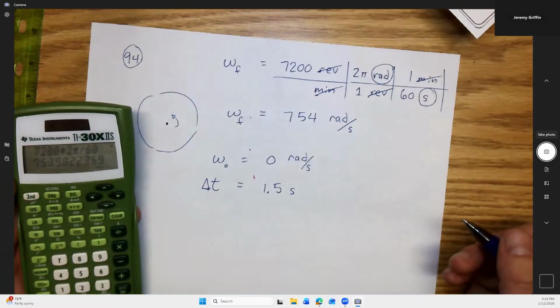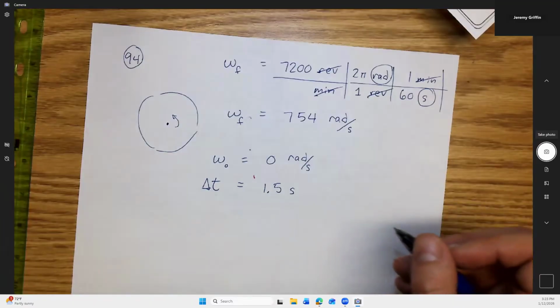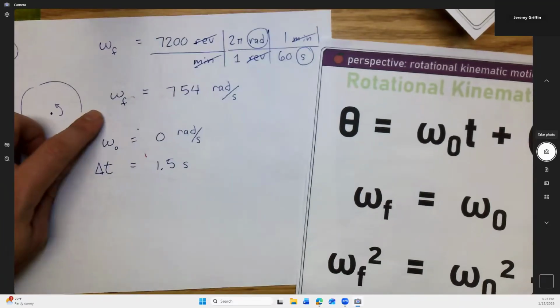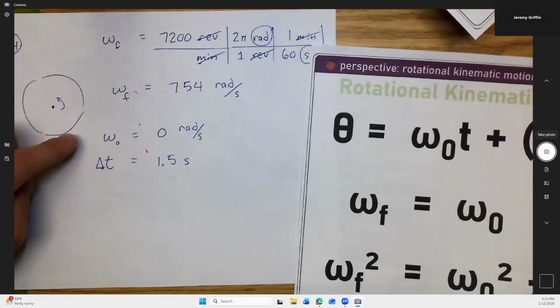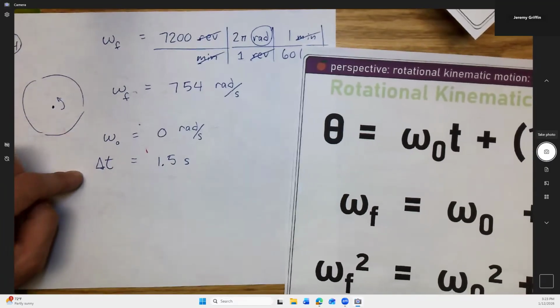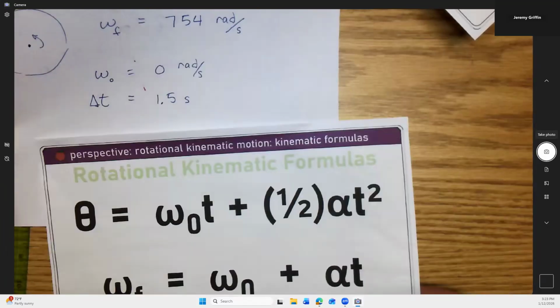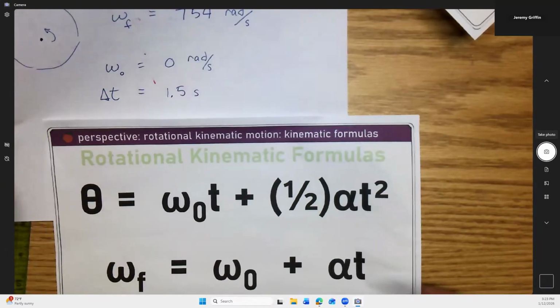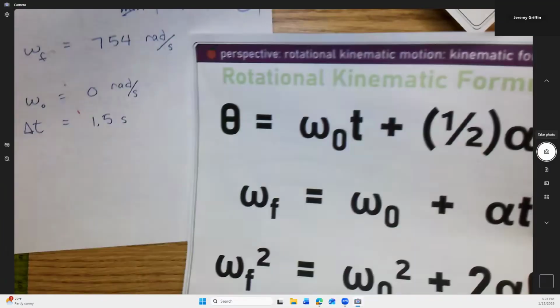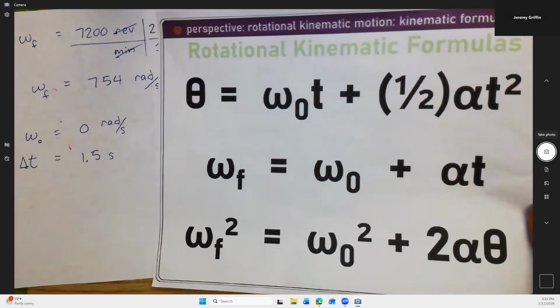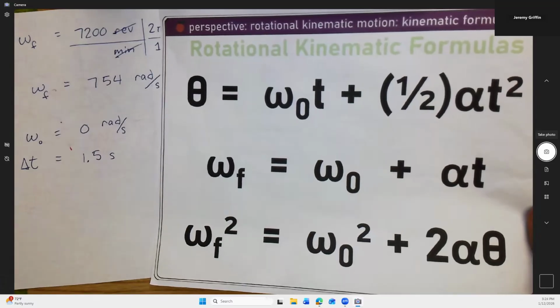Looks about right? Okay, so we have a target angular velocity. We're starting from rest, and this is all going to happen in this time interval. Question is, what's the angular acceleration? Like, how fast is it speeding up? Which formula, first, second, or third, is going to be able to answer that question?